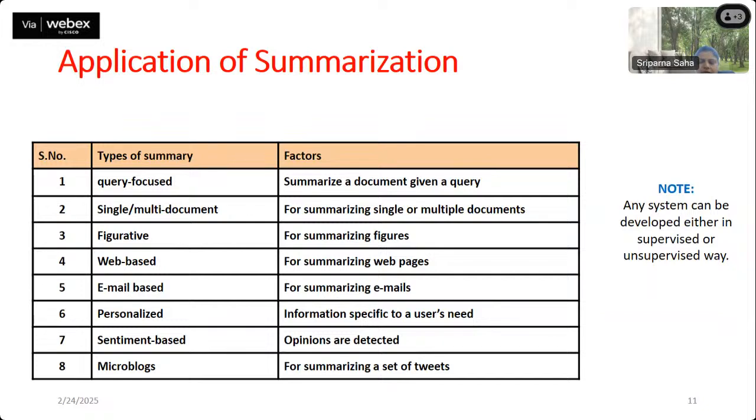So this is called personalized summarization. We need to focus only on that particular player, and we have to extract all the sentences which are related to that player, and then after extracting those relevant sentences, we have to generate a summary out of them.